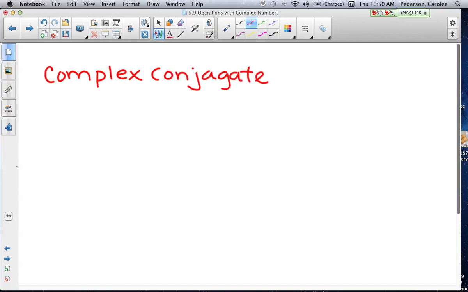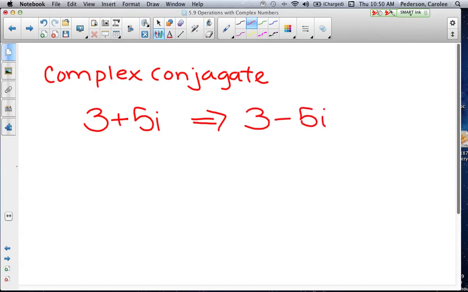If I have 3 plus 5i, then its conjugate is going to be 3 minus 5i. Another example, let's say, is negative 6i. Its conjugate would be 6i. You're changing the sign in front of the imaginary term.